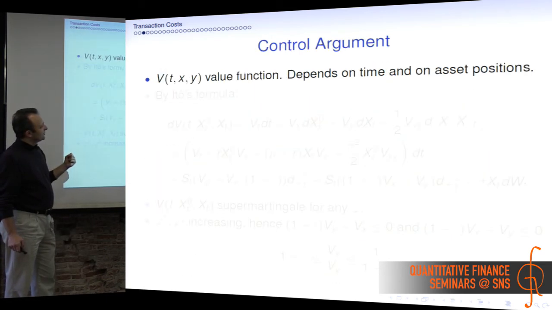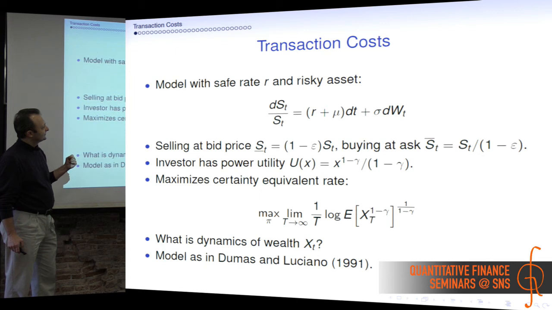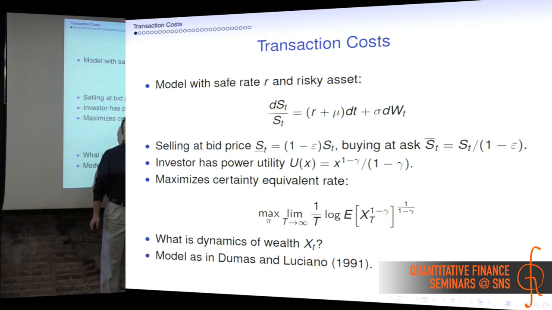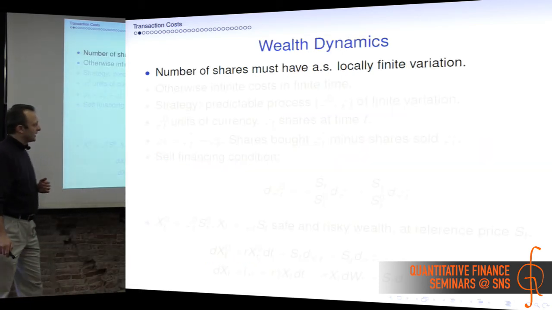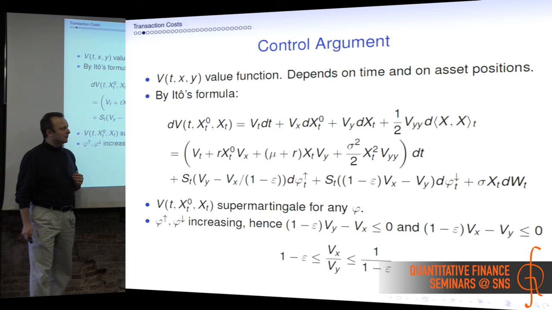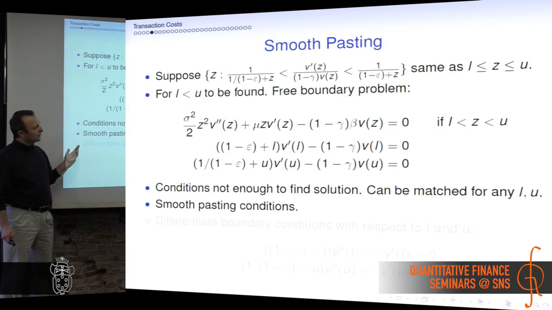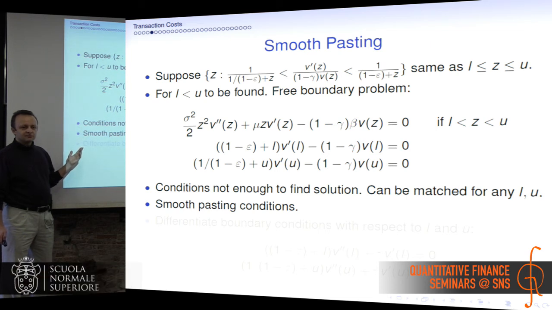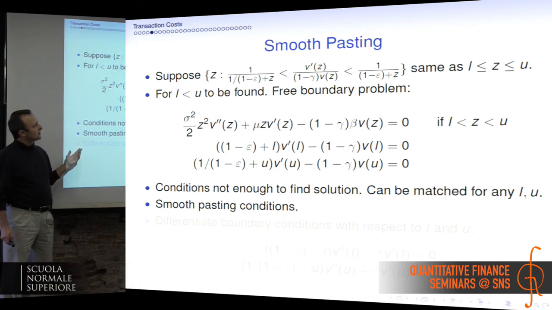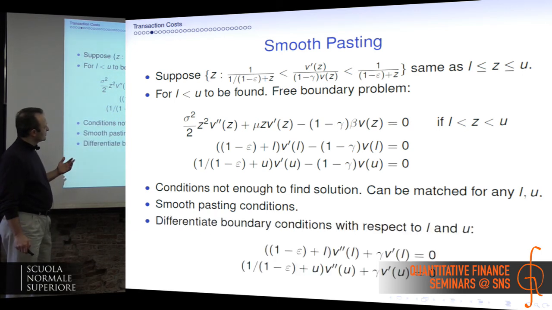Is the objective function going to change? Nope, because if you multiply this by a constant, when you take the log and you divide by t, it disappears. So we're not going to worry about that. We're going to find the solution up to a multiplicative constant, and when we do that, we have all the accounting in order, because we have 5 unknowns and 5 equations, essentially.